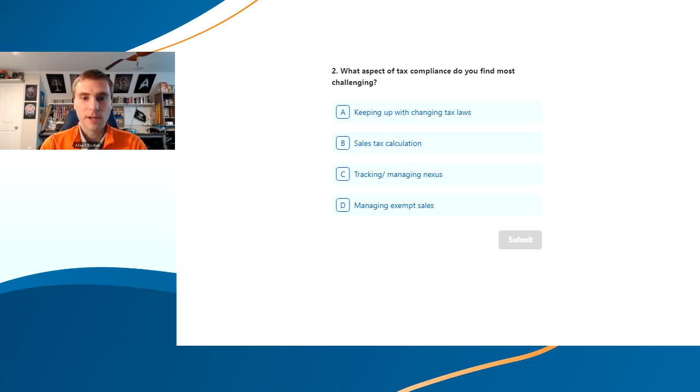So we're going to talk a little bit about how Avalara Tax Research can help you solve that problem, and how our new AI assistant, Avi for Tax Research, can make it even easier to get right at what you want to get at and move on with your day.